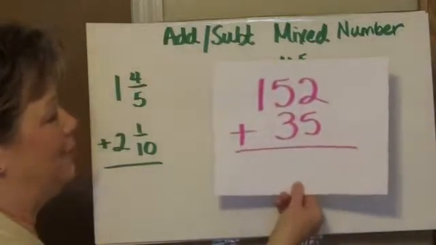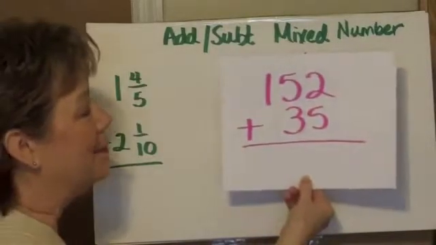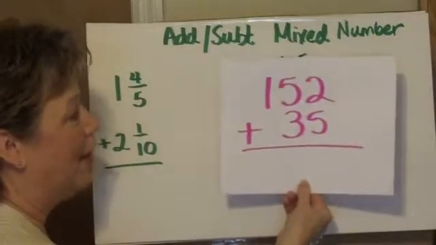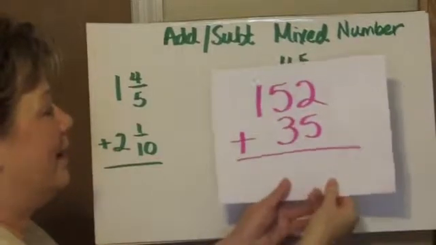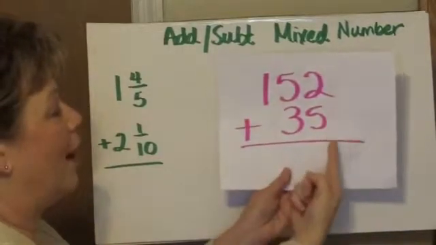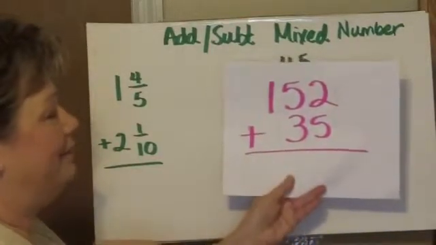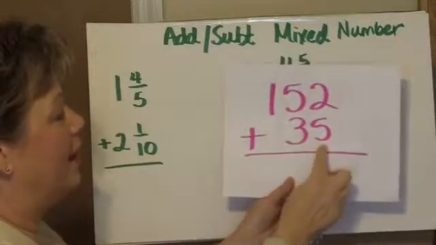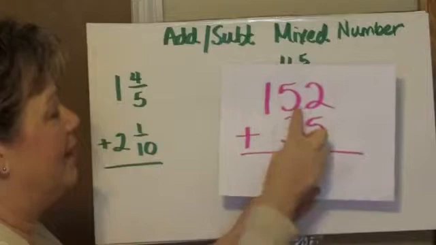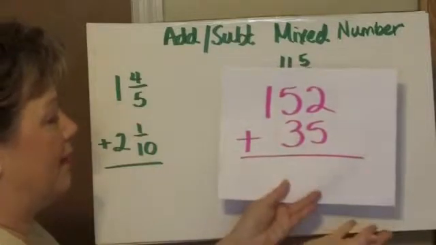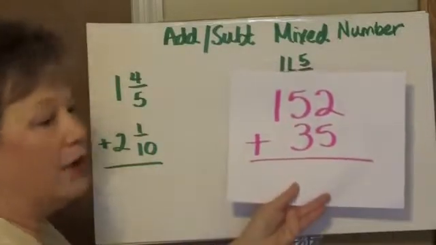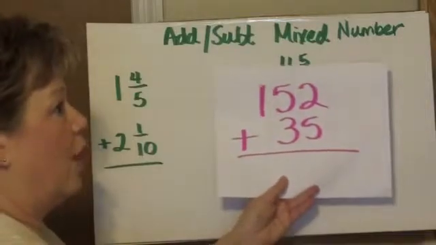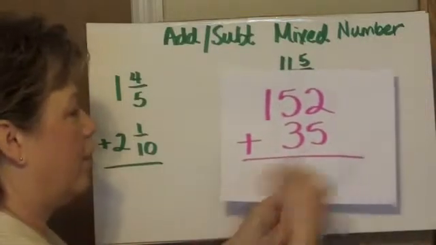I want to remind you that when you're doing a simple addition problem, you begin and work it right to left. So the first thing we do on here is we add 2 plus 5, and then 5 plus 3, and then 1 plus nothing. That's how we always work. We start way over on the right-hand side and work over.